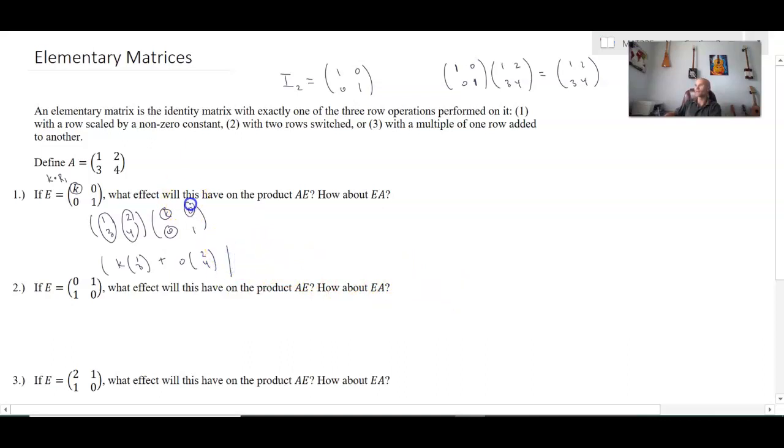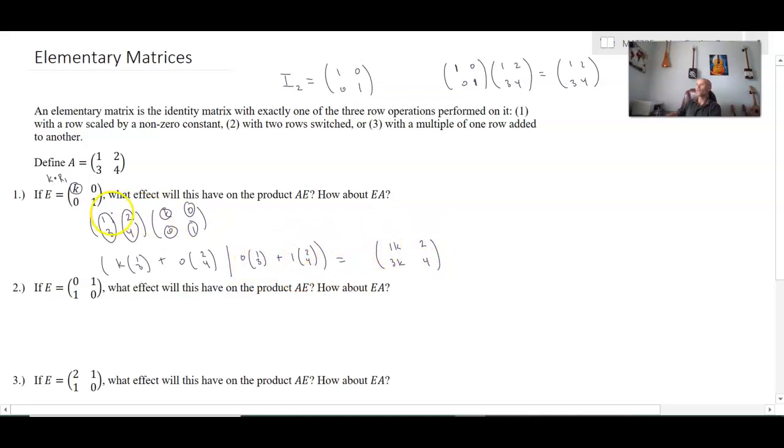Now we need to move on to the second column, and now we'll have 0 times 1, 3, plus 1 times 2, 4. Here we'll get a result only from the second vector because the first one's being multiplied by 0, and that is key, that we have these 2 zeros here. And that's going to give us 1k and 3k in the first column, and in the second column, we'll get the vector 2, 4.